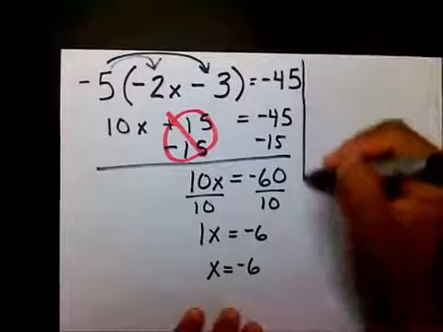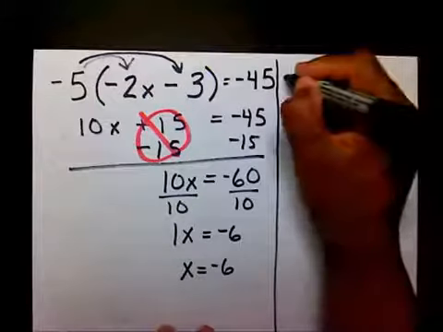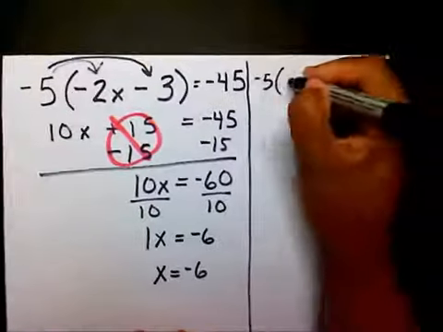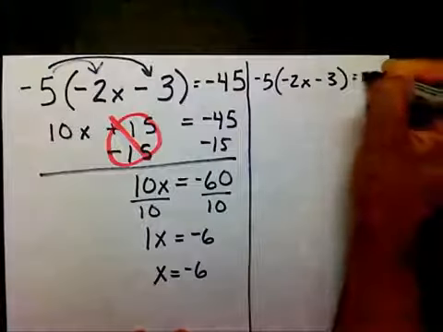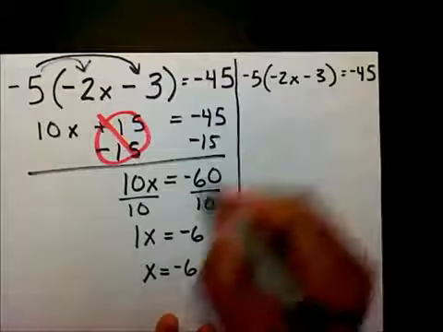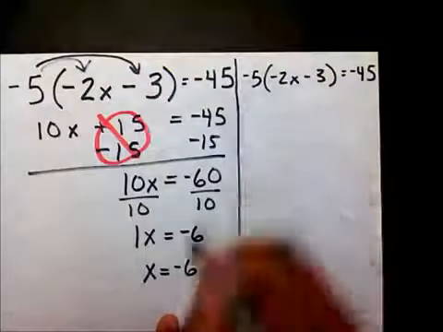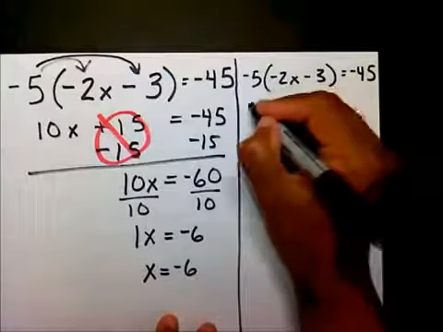So now let's check it. Well, I didn't leave that much space, did I? Let's check it. Negative 5 times negative 2x minus 3 equals negative 45. Instead of writing x again, I'm going to write negative 6. So I'm going to substitute my negative 6 in for my x.